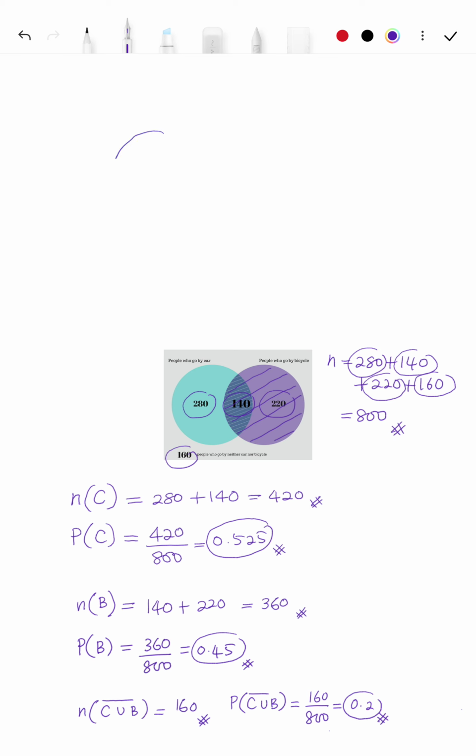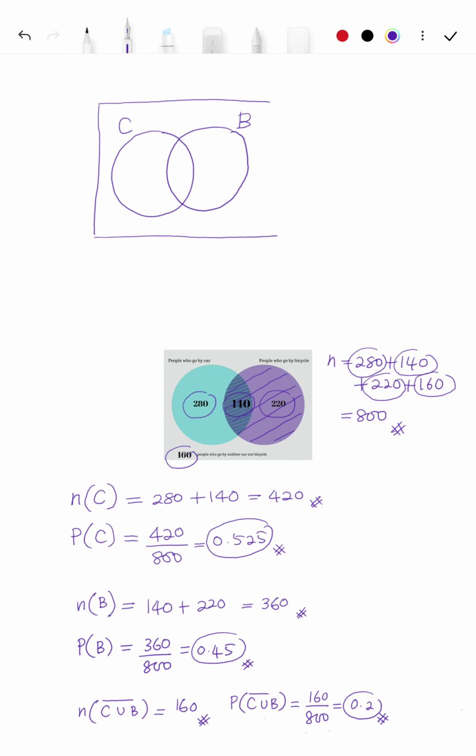So you can actually draw this. Car, bicycle. And another thing, don't forget the rectangle outside the circle.